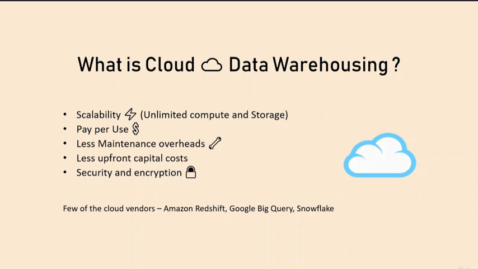Whereas in a traditional data warehouse, regardless of whether you use it or not, you have to pay for it. And then less maintenance overhead. With the cloud, the hardware, the OS patches, as well as the application software patches, and the network are maintained by the cloud vendor. Whereas in an on-prem solution, we need to take care of all the patches and everything by ourselves.